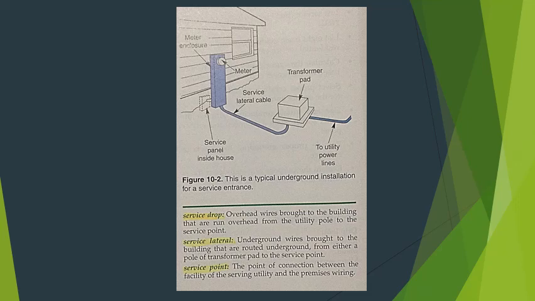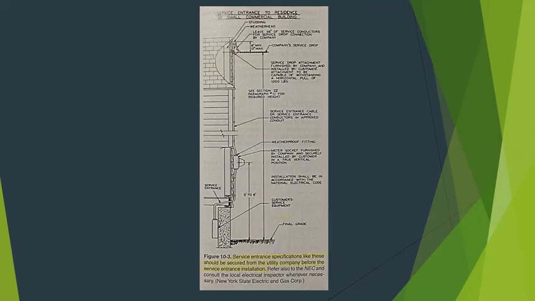You can see in the picture the service lateral, which could include either a cable or a combination of a cable and conduit, whether it's flexible conduit or rigid conduit, or of various materials including metal and PVC, which is a type of plastic. See figure 10-2. In either type, these wires will be connected to the service entrance wires at the building.